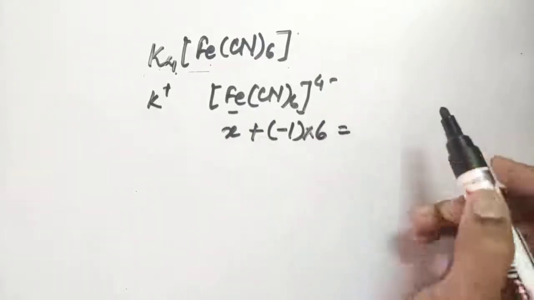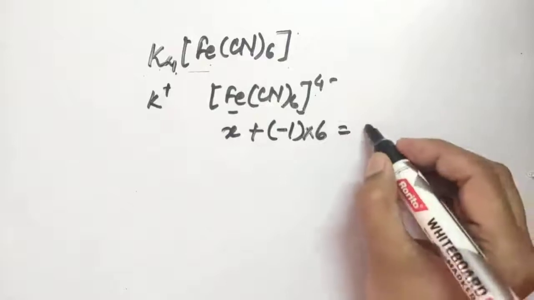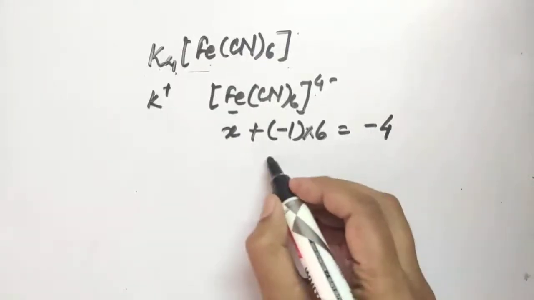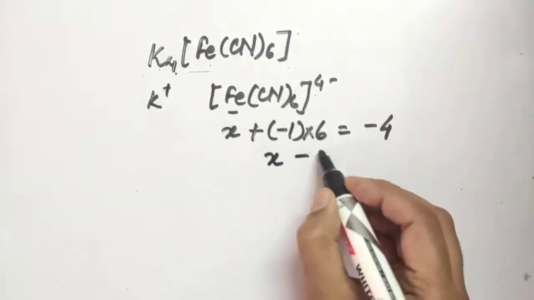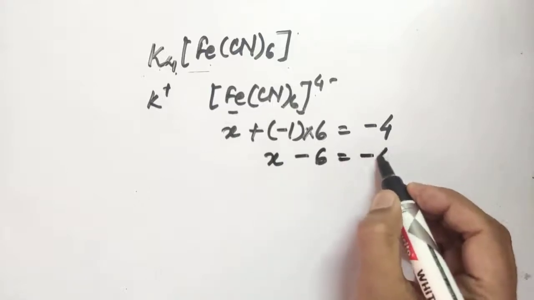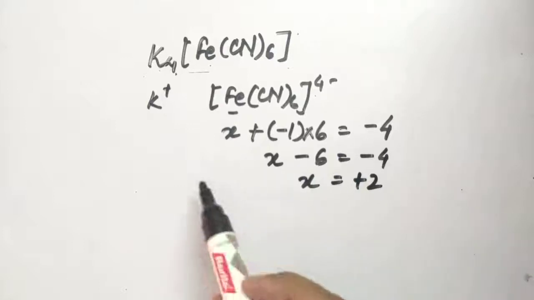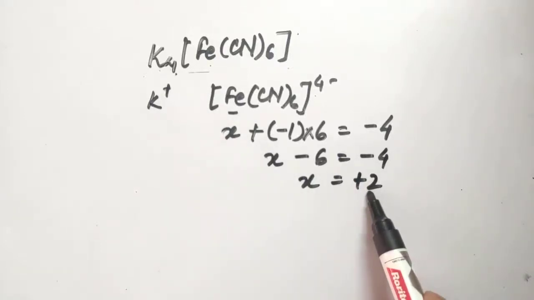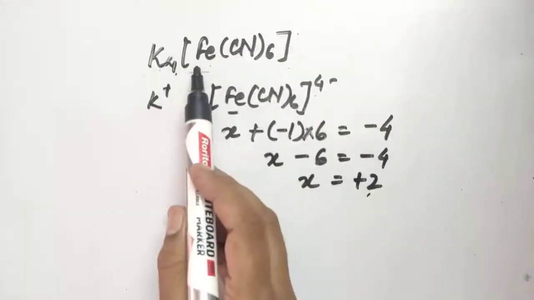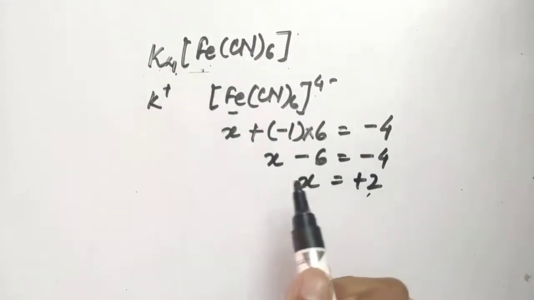This will be equal to the charge outside the bracket, which is minus 4. This comes out to be X minus 6 equals minus 4, and X comes out to be plus 2. So here iron is present in the plus 2 oxidation state. It is a ferrous ion here.